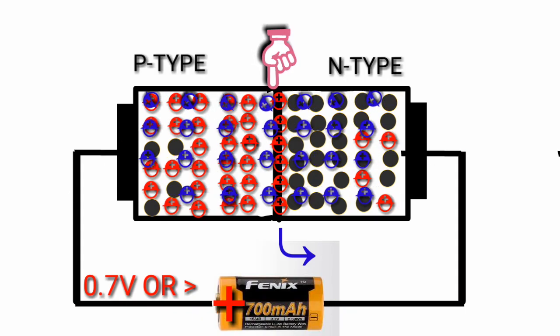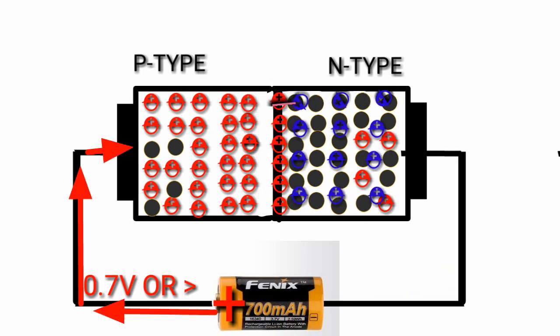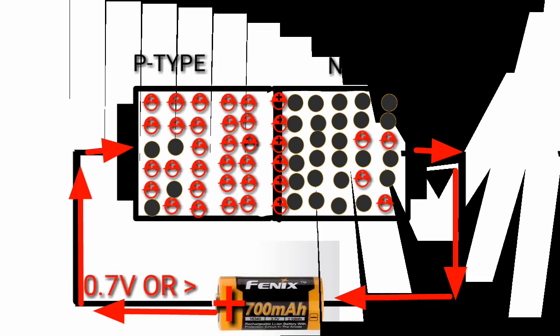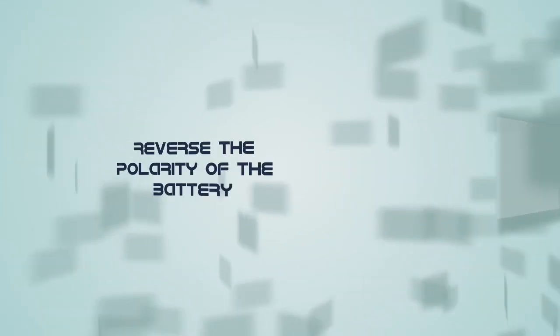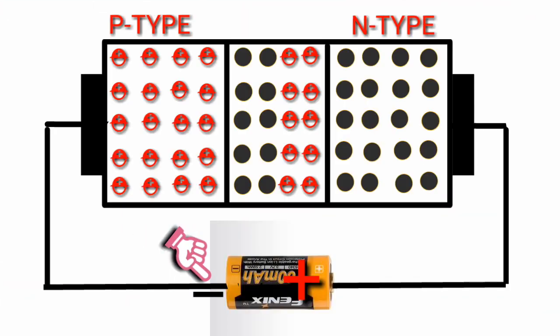Now, let's connect the battery to the diode in reverse polarity and see what happens. You can see the negative side of the battery is connected to the P-type and the positive is connected to the N-type.